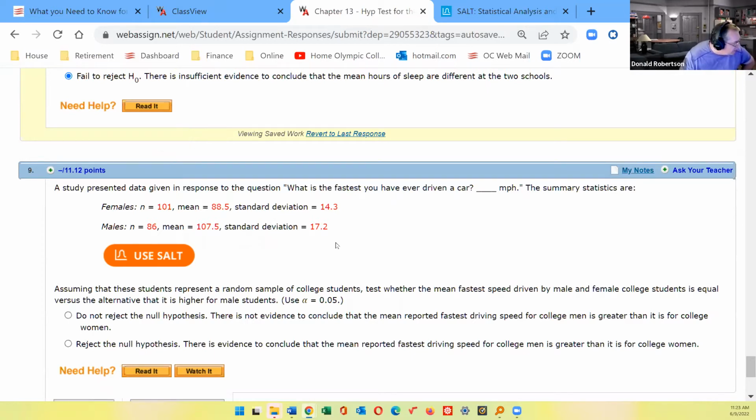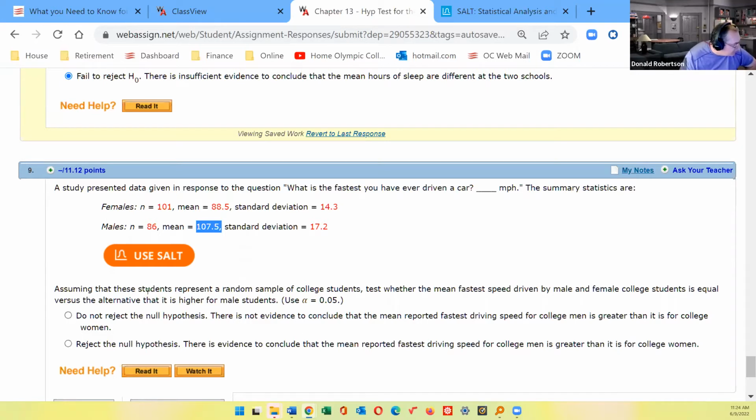Right, just looking at the raw data, which is women on average 88, guys on average, the fastest I've ever done is about 107, 108. I'm going to bet a penny, because I'm not a good gambler, that men are going to be bigger than women. Would you agree that there's statistically probably strong evidence that that is true?